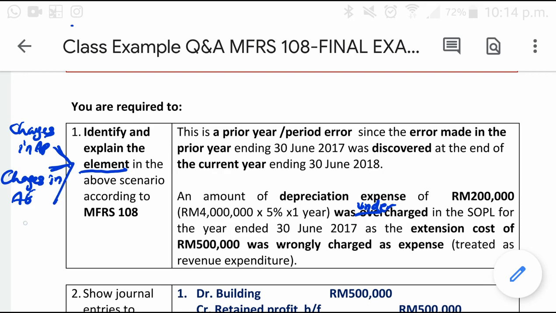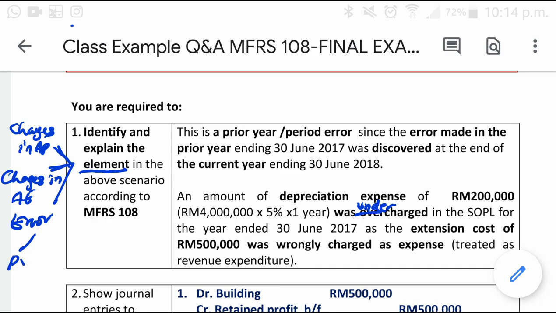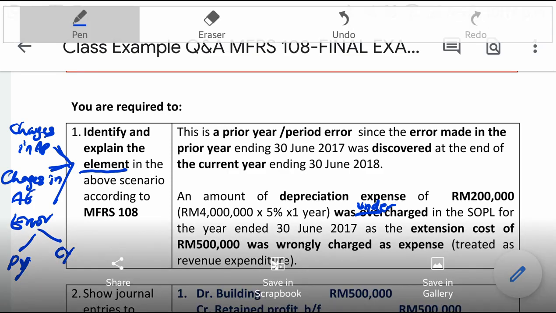and the last one is the error, where error is normally either the error in the prior year, PY, or an error that you committed in the current year and discovered in the same year. So the material error is normally the material prior period error.